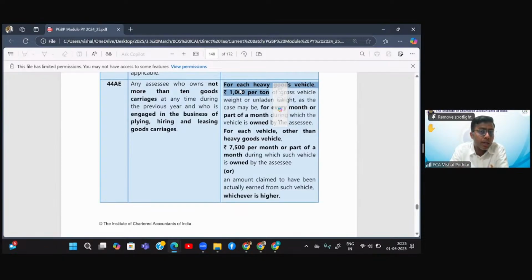If their vehicles are heavy vehicles, the estimated income is 1,000 per ton of the gross vehicle weight. Now, what are these terms? Every vehicle at the time of passing with the RTO, especially all these transport vehicles, has this gross vehicle weight mentioned on the registration certificate.